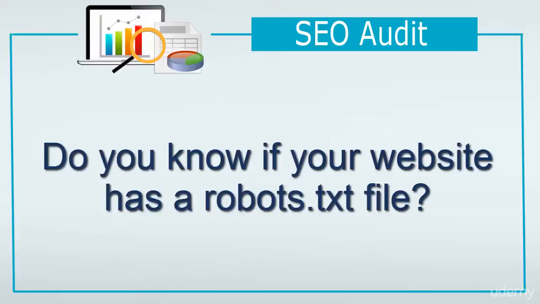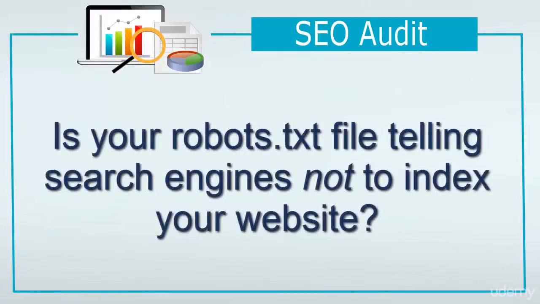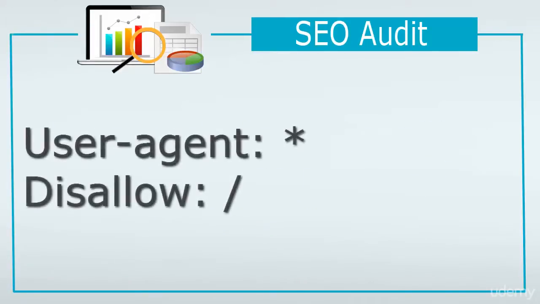Because if you have perfectly optimized your website, but have a robots.txt file that tells search engines not to index any part of your website, you will not receive traffic. So this is important to take a look at, and it really only takes a couple minutes. So let's look at this example. This TXT file will look something like this.